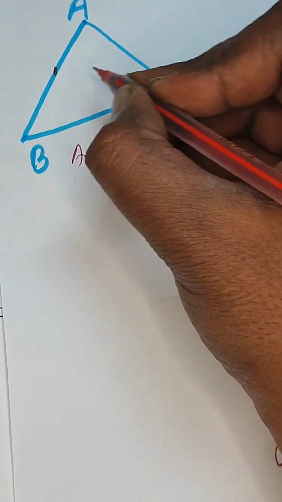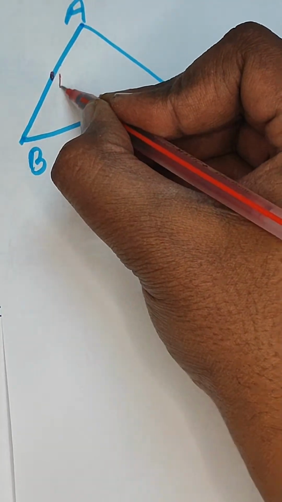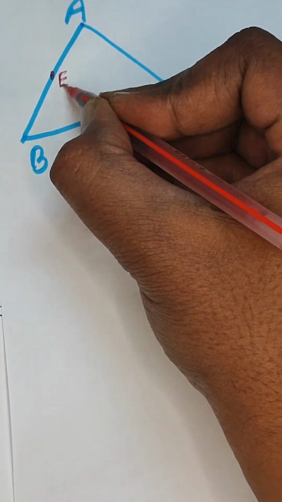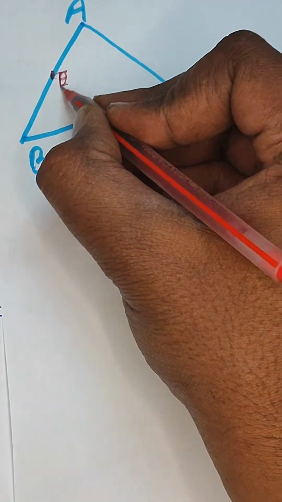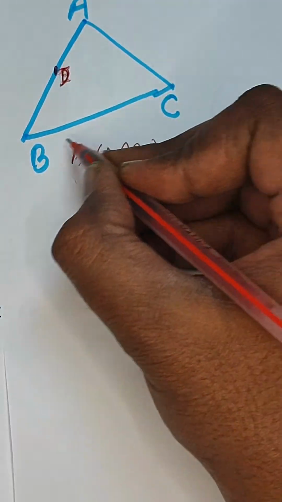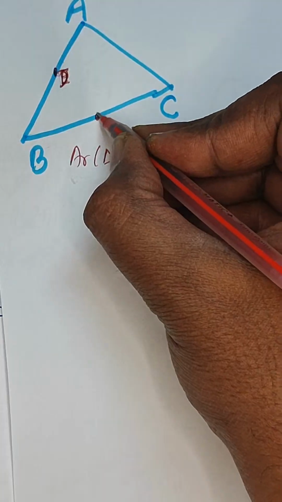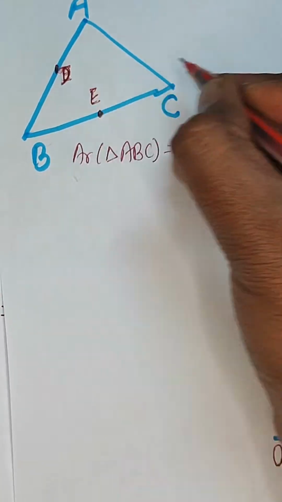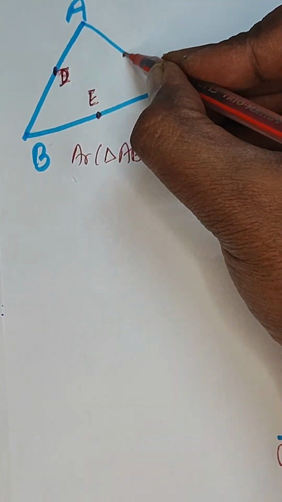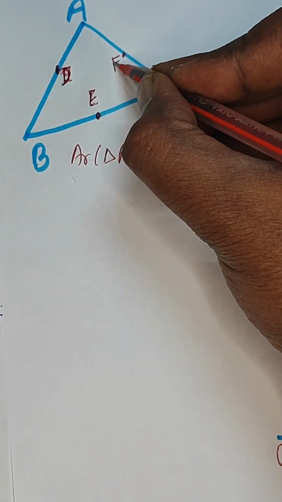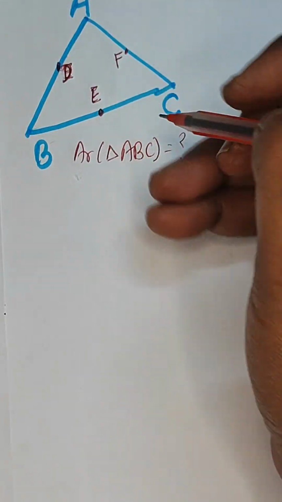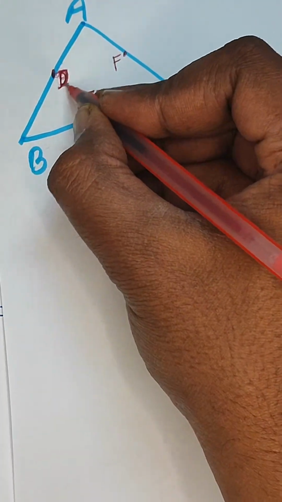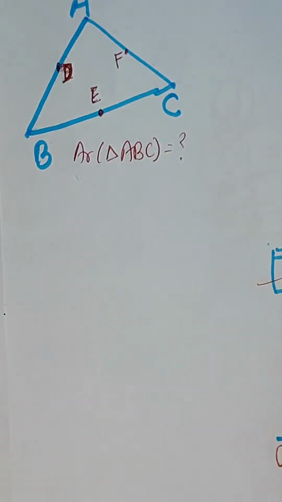The midpoint of AB is D. The midpoint of BC is E, and the midpoint of AC is F. And all these coordinates of D, E, F are given to you.